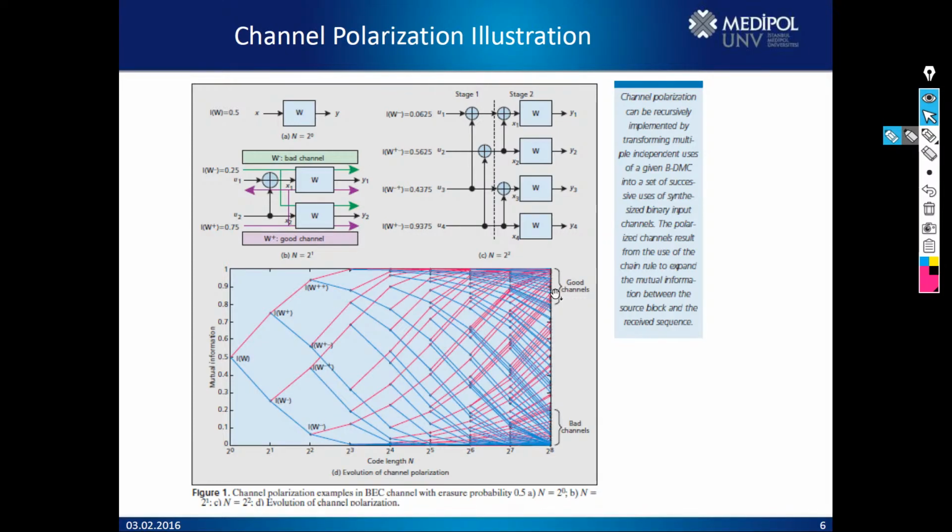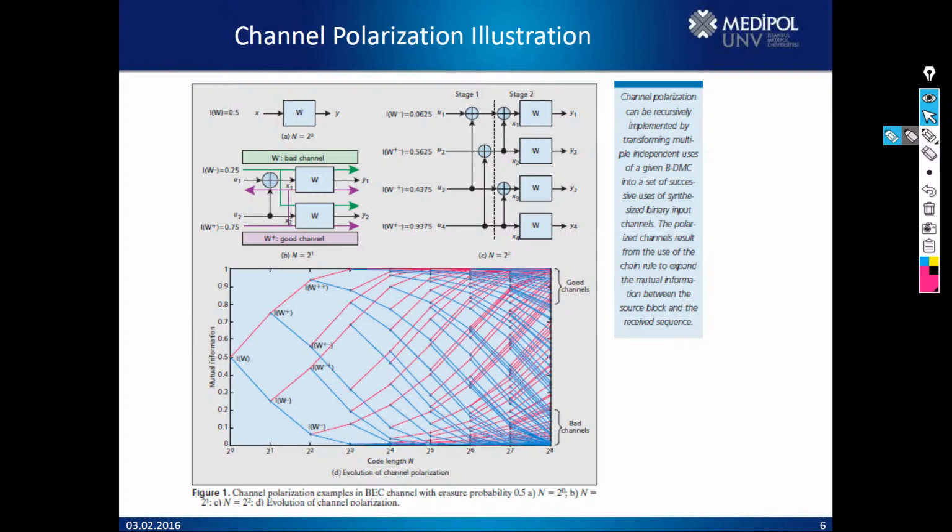So you classify: you take one branch, you start from a certain signal to noise ratio design, and you start dividing it into sub-branches until you reach a number of branches equal to the code length.